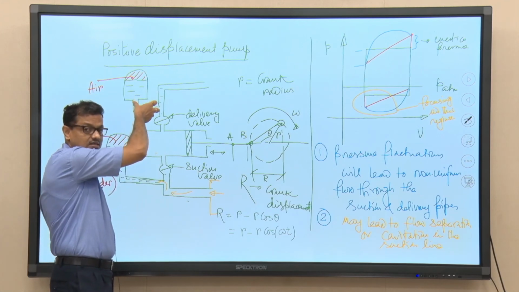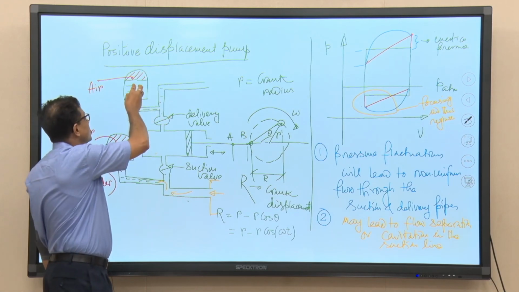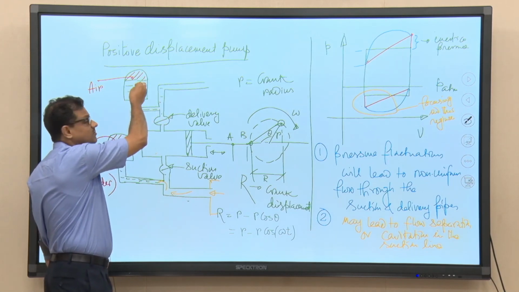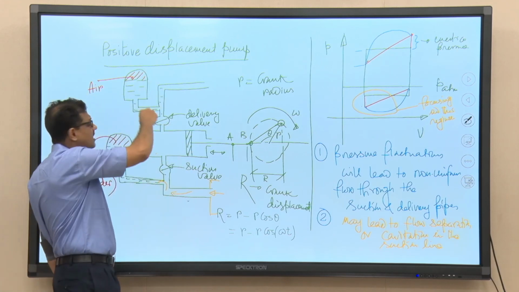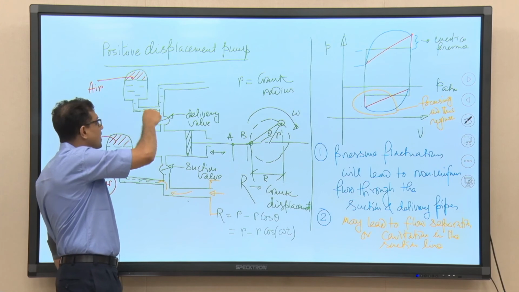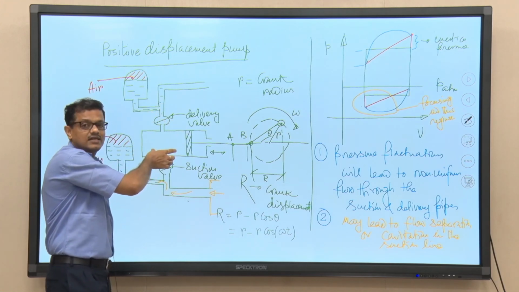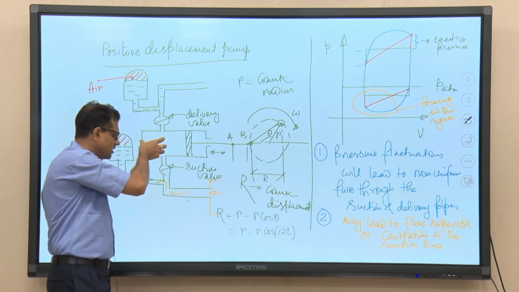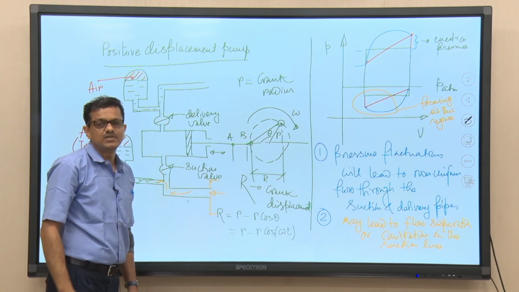That energy, the high inertia pressure which is absorbed by the air chamber in the form of internal energy, will be utilized to supply a continuous flow rate even when the pressure inside the cylinder is reduced at the end of the delivery valve.